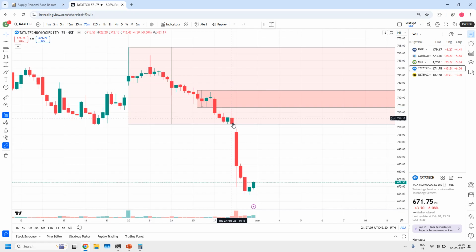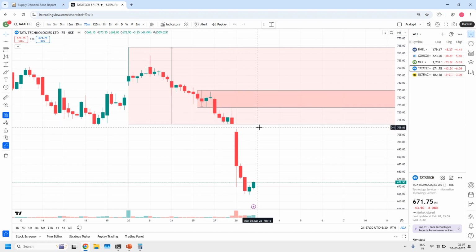Maybe the size of this candle is almost the same as this large candle, so it might have been considered a failed ERC candle. Definitely not a base candle. That is the reason it did not identify it, because you can't keep large candles inside the zone.